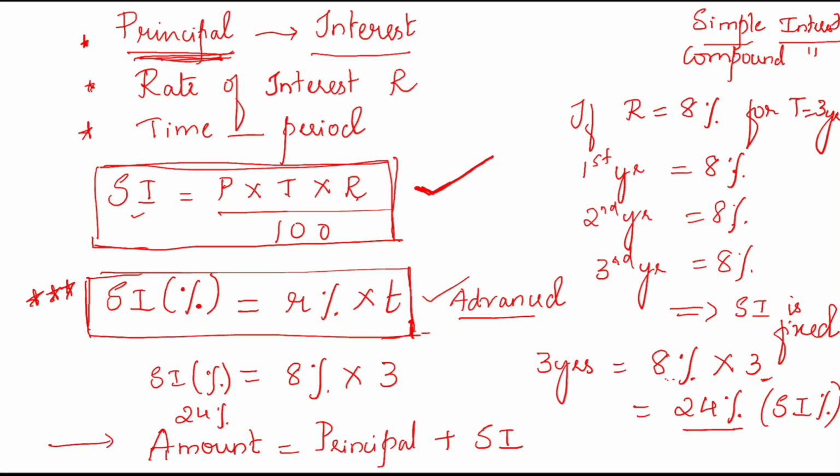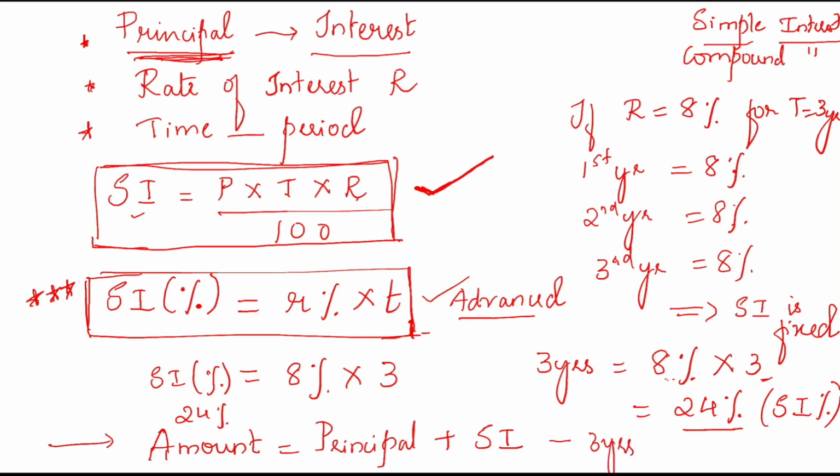So now if I am keeping some principal amount fixed in the bank for 3 years, they are giving me some percent of interest for that, isn't it? So at the end of 3 years, what will I get?